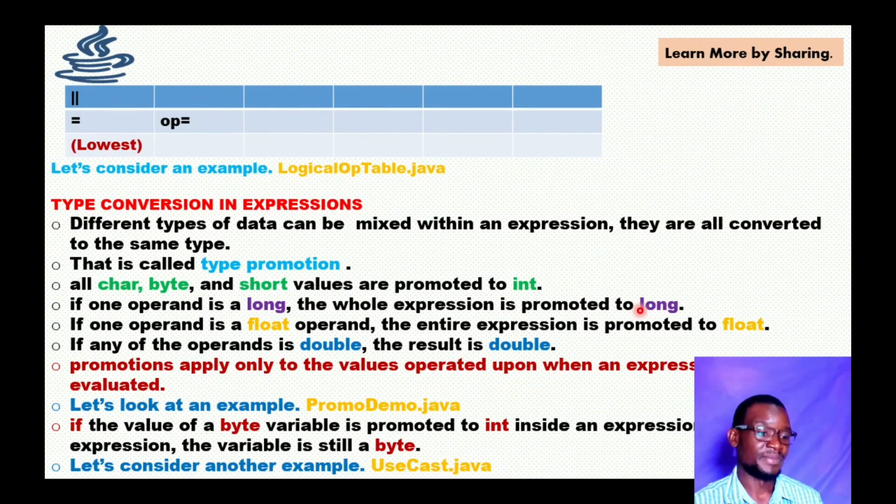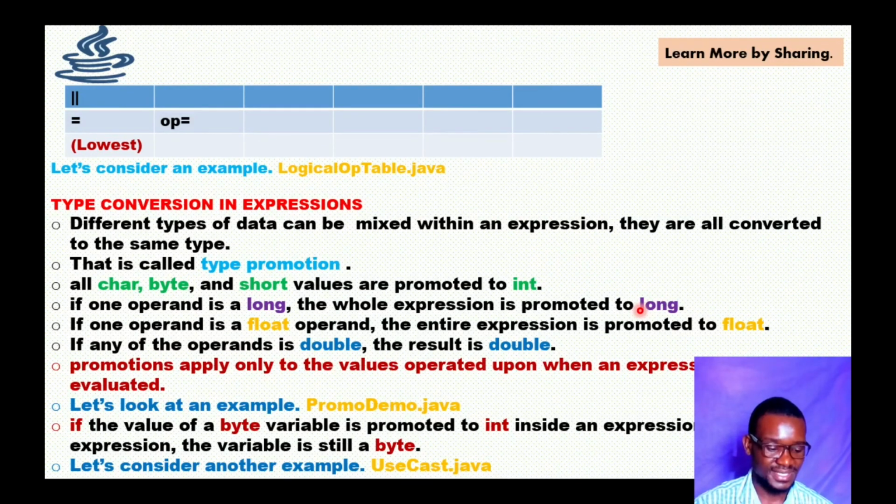If we have an operand which is a float, the entire expression is promoted to a float. If we have an operand which is a double, the entire expression is promoted to a double. So what are we saying? Promotions apply only to the values operated upon when an expression is evaluated.